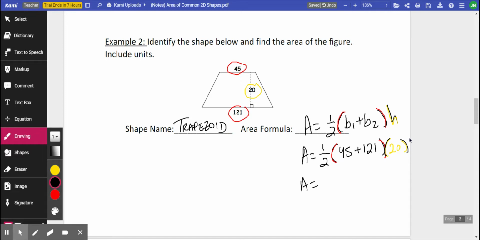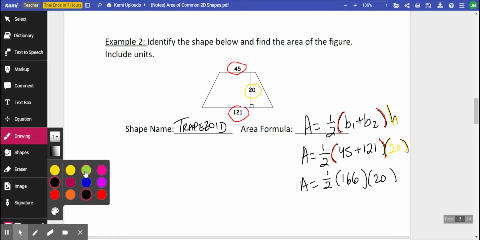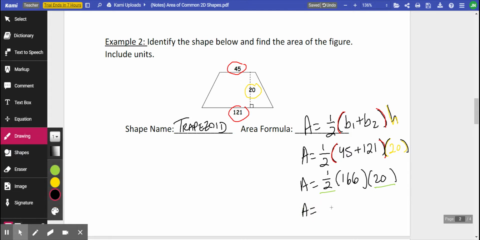So 45 plus 121 gives me 166. So this is 1/2 times 166 times 20. I'm going to go ahead and just do the first and the last. So just take 1/2 of 20, which is going to give me 10. That'll make my life easier. So this is going to give me 10 multiplied by 166, which means that I just add a 0 at the end. 1660 units squared.